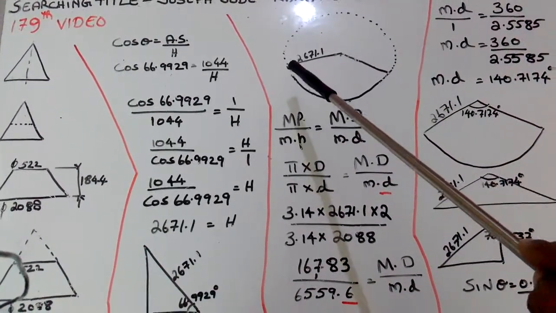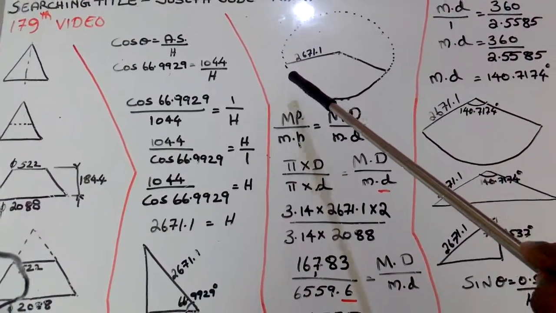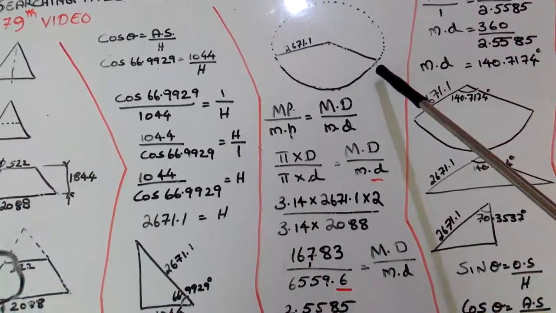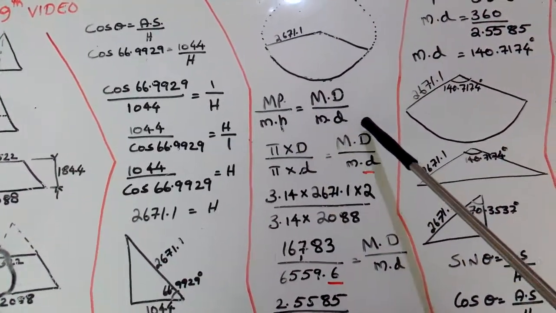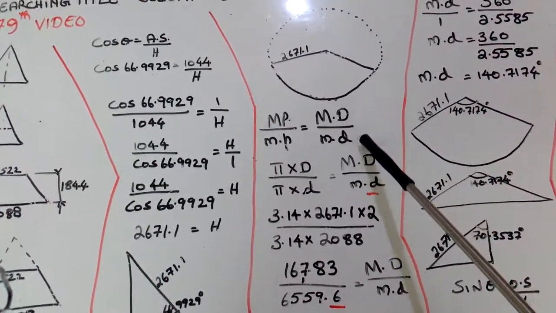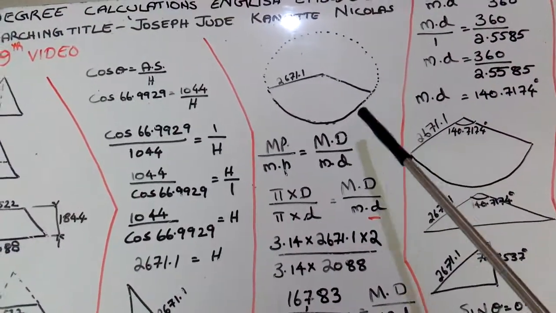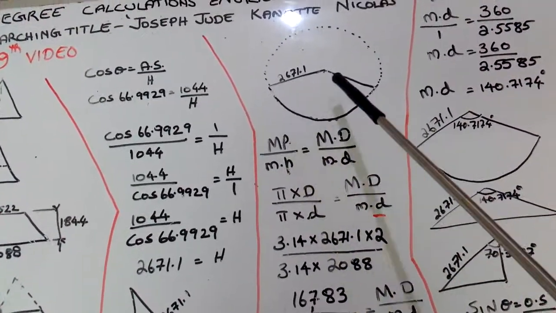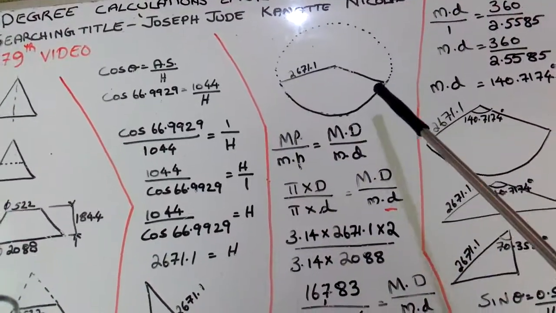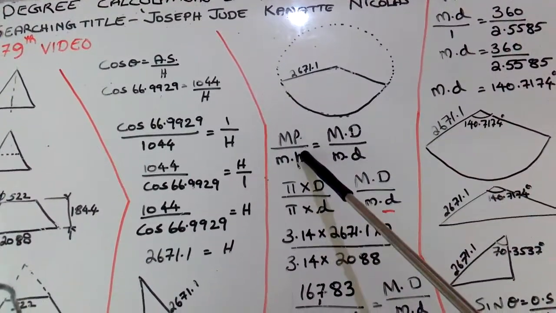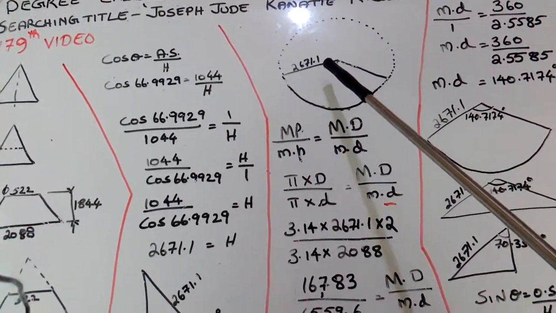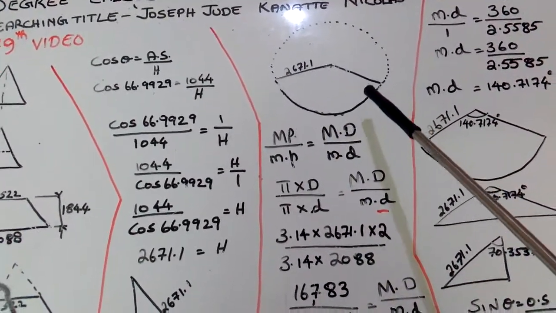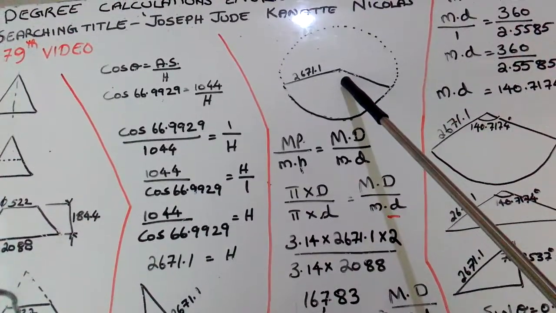If this major perimeter is 2 times bigger than the minor perimeter, it will be equal for major degree divided by minor degree also. This major degree also will be 2 times bigger than minor degree.